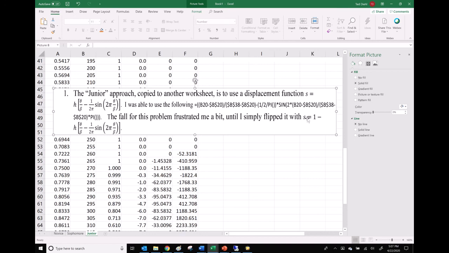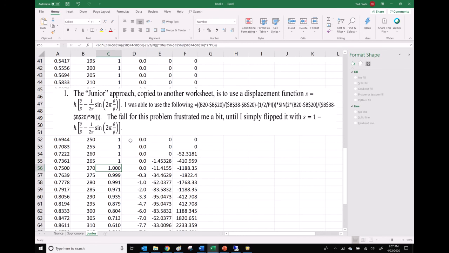But let's see. We're talking about this cell right here at C56, and we've taken 1 minus, and then I put a 1 right here to represent that H. The ratio of theta over B, where we're going to want to start counting here at theta.